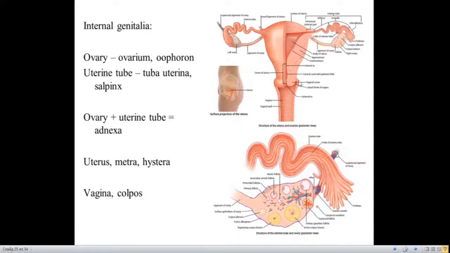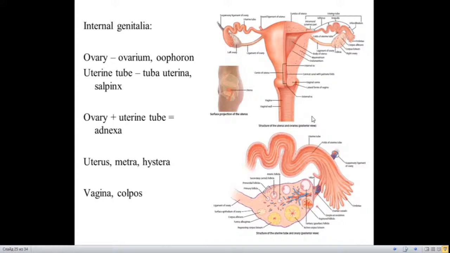And vagina, one more internal genital organ. Be attentive, sometimes students mistakenly name it as an external genital organ. It is not true. Vagina is an internal genital organ, Latin name vagina, and you have to know the Greek name kolpos.